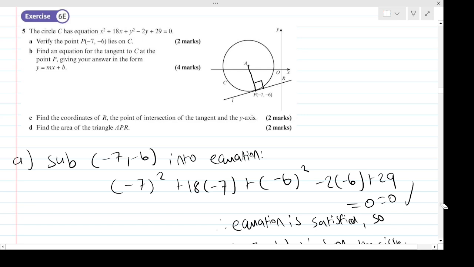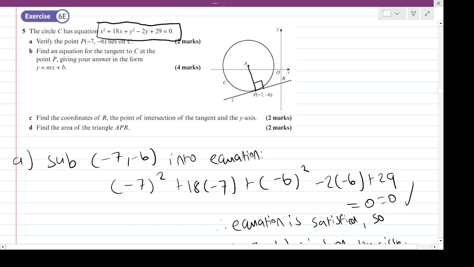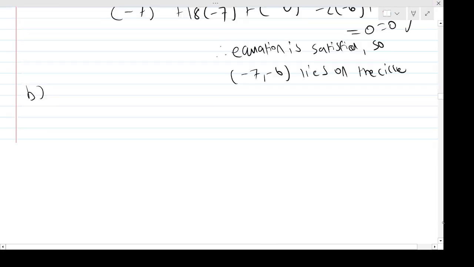Well, we don't know what the centre is actually, sorry. But we can work it out because we can get this equation of the circle into the form we're used to by completing the square. We looked at examples like that previously.